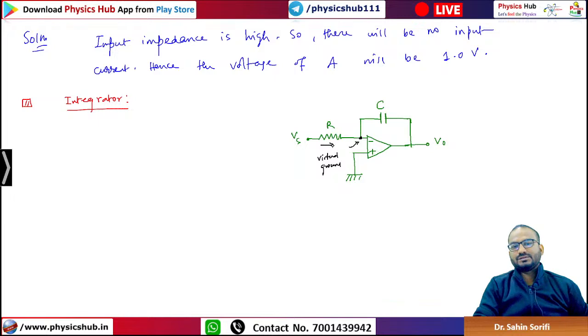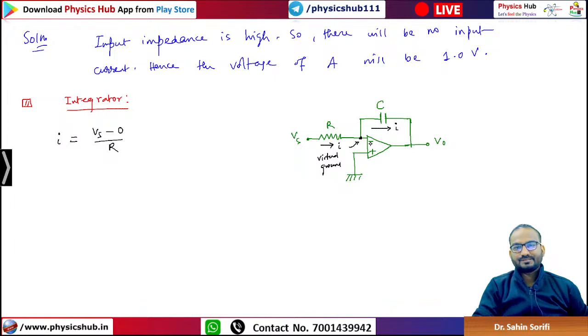The current through this resistance will be equal to the current through this path, because of KCL: current entering the junction is equal to current leaving the junction. So you can apply KCL here, and write current I is equal to (Vs minus 0) by R.